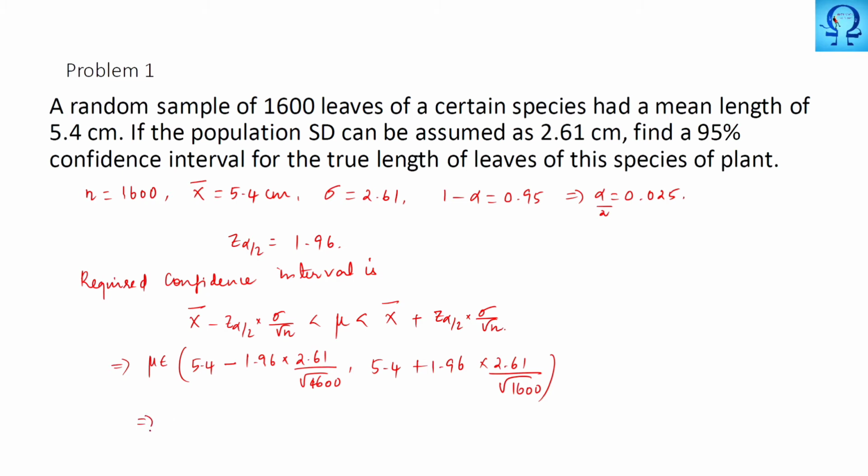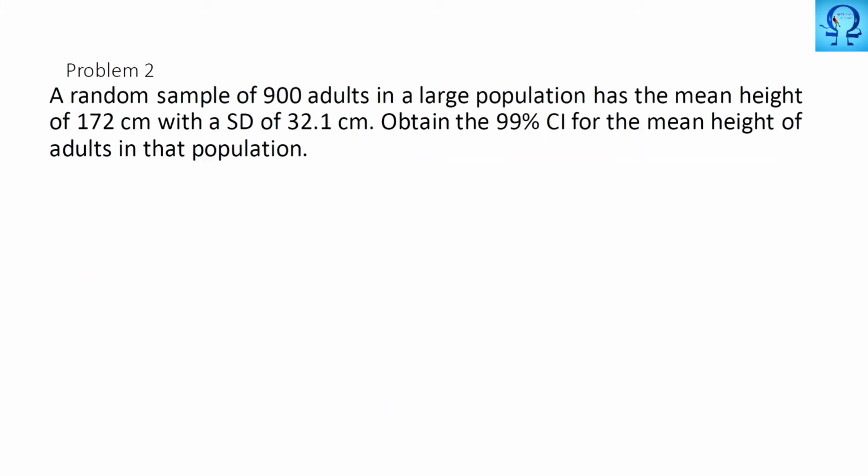So this is simply 5.27211 comma 5.52789. If you just do the calculations, you will get this. Moving further, we have another problem.